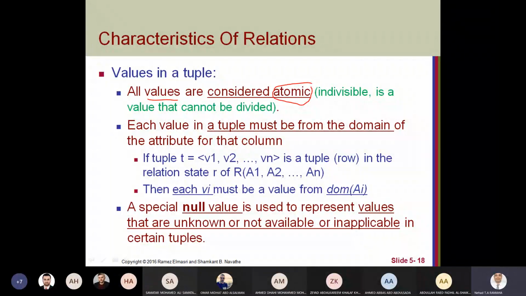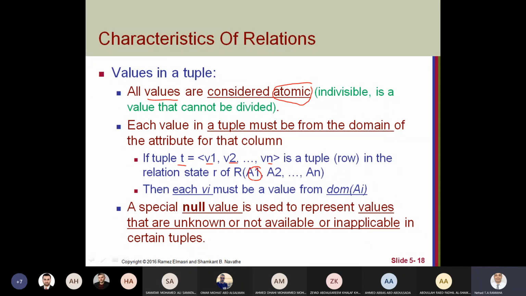Another characteristic is that each value should be from the domain. So if we have table T and it has values like this, all these values should be from the domain of the appropriate or the referenced attribute.